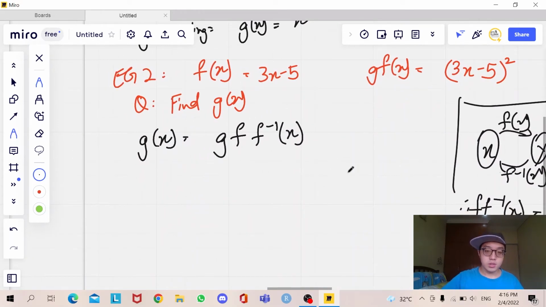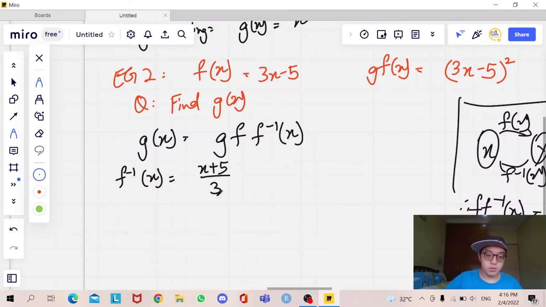Okay, so it's equivalent, but now you are given gf(x) is this, and so you will need to look for f inverse(x) first. How do you look for f inverse(x)? All right, by doing the steps just now, you will know that you need to make y equal to f(x), and then you make x the subject, so you will get (x plus 5) divided by 3.